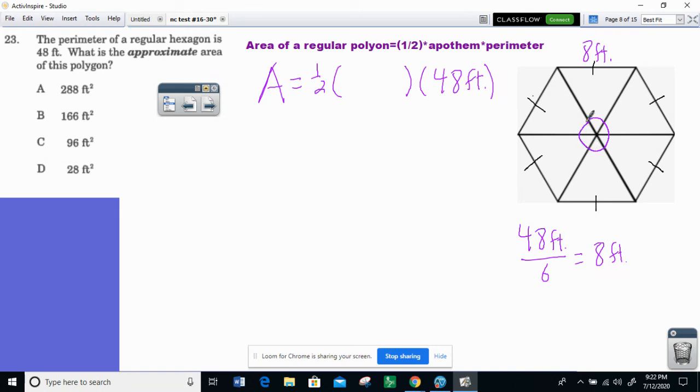And we also know that if we want to find the measure of these central angles, taking 360 degrees and dividing by how many triangles there are will give us 60 degrees for the measure of one of these angles. But we also know that each of these radii for the regular hexagon are the same.